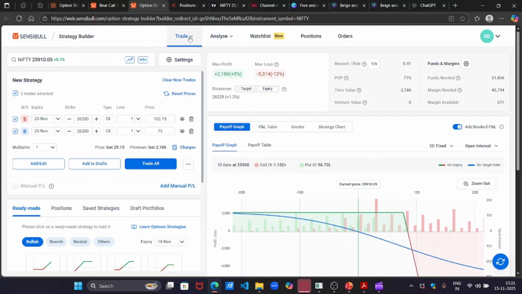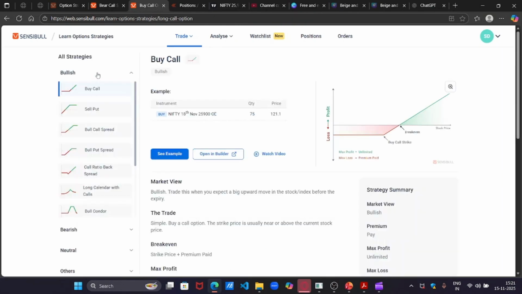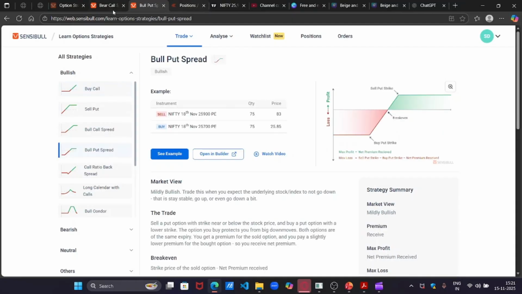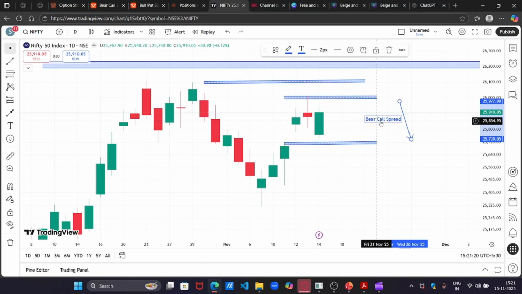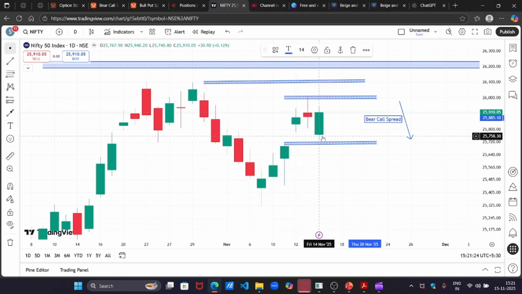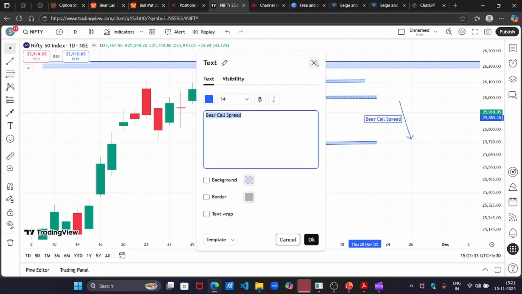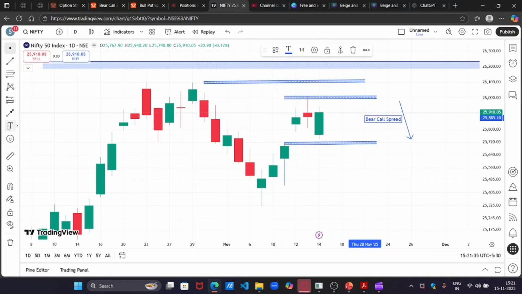Similarly, we will see for a bullish bias. So for bullish bias, we'll use a bull put spread. So if you go here, your view is that the market will, this is the support or last support. You can make this as support or this as support. Let's assume this as the support, 25,700. So my view is bullish.